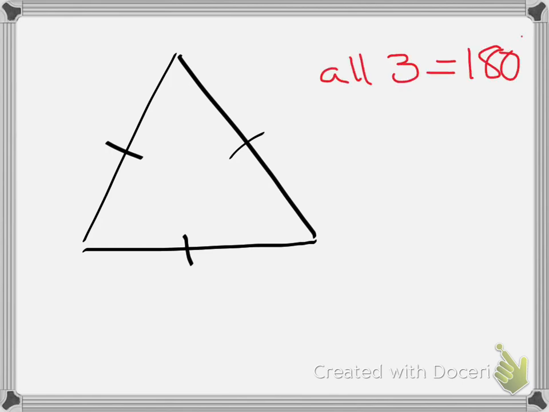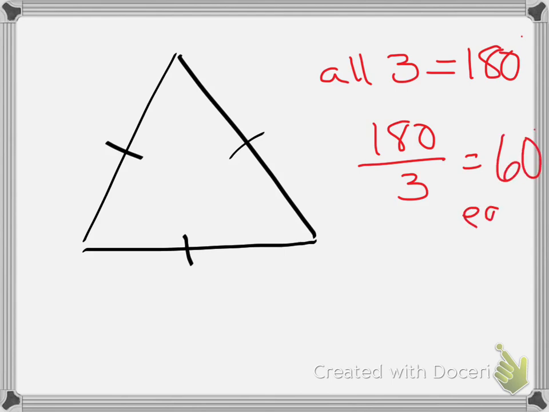And if they're all the same, we can divide 180 by 3 and get that they're each 60. So this is huge. If you have an equilateral triangle, then your angles are immediately all 60.